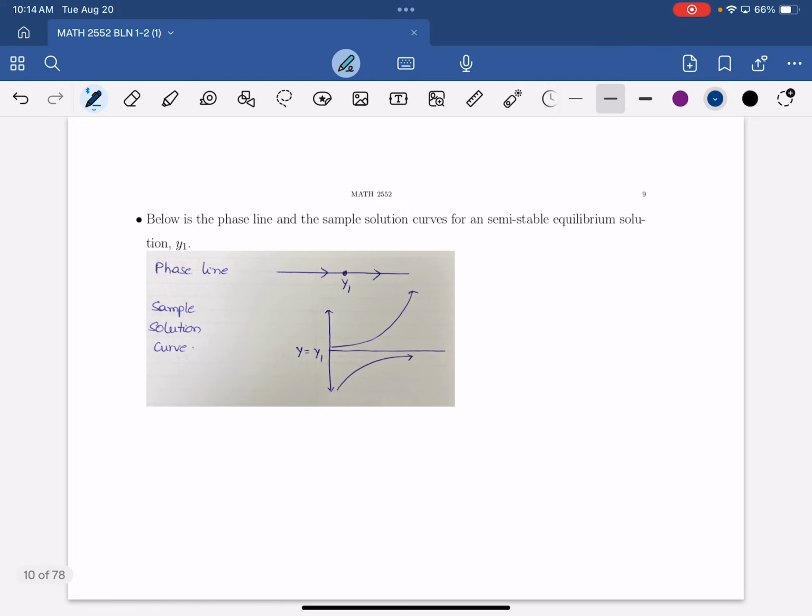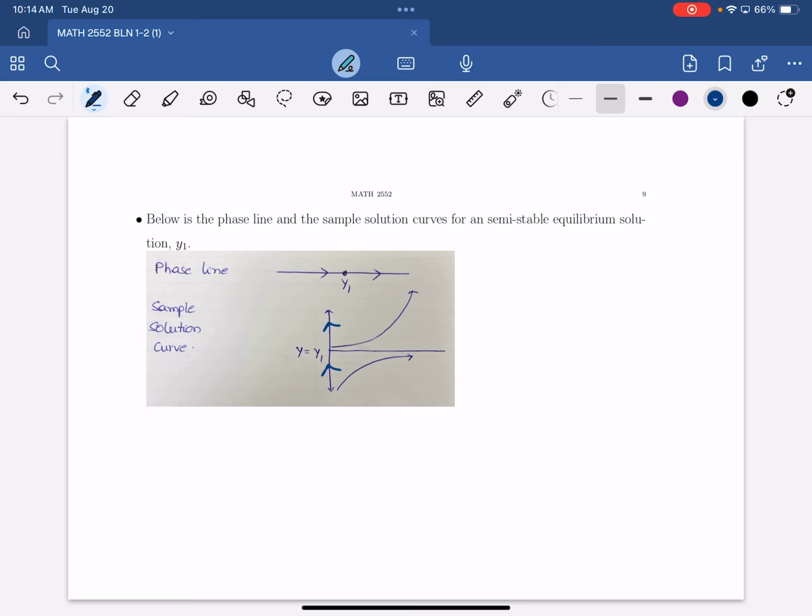The third scenario is, for all the y values bigger than y1, the solution is unbounded, diverging or moving away from y1. For all the y values less than y1, the solution is converging to the critical point. So on one end it is converging to y1, on the other end it is moving away from y1.